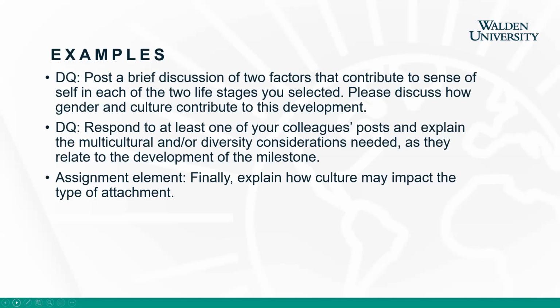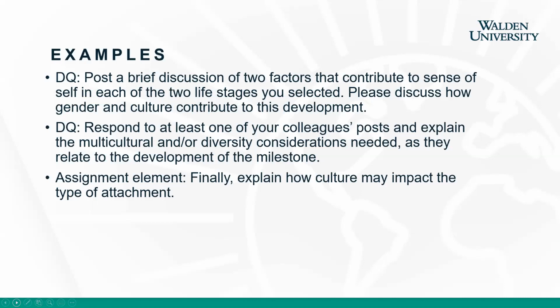And in the assignments, an example would be: explain how culture may impact the type of attachment. We all know that in different cultures we have different types of attachments, based on cultural norms and socialization practices. It can vary from culture to culture.